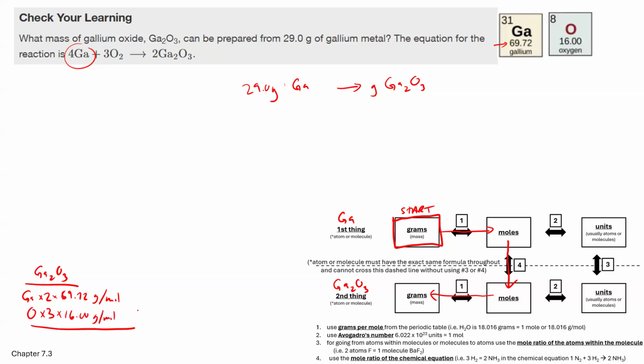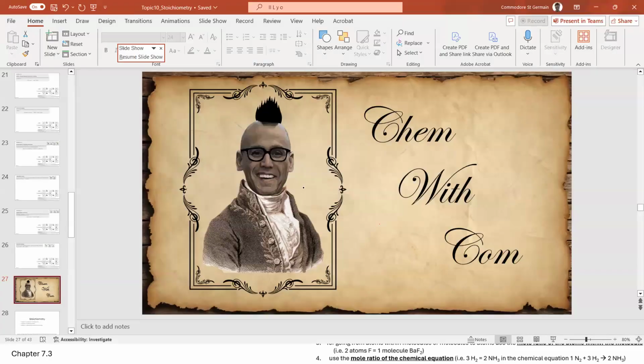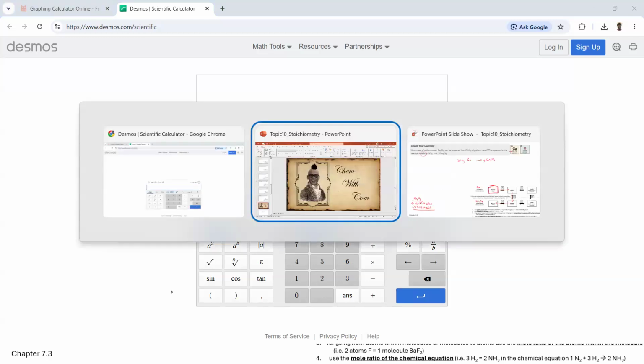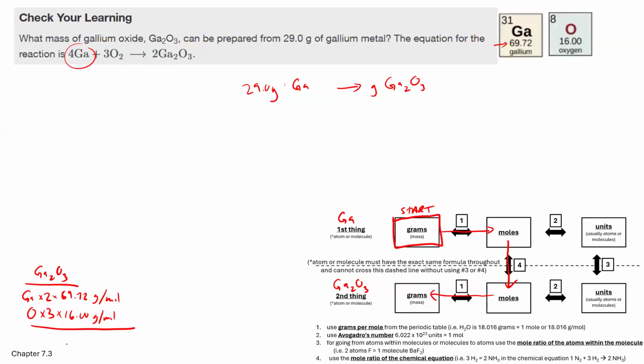So we have 2 times 69.72, plus 16 times 3. We have 187.44 grams per mole.